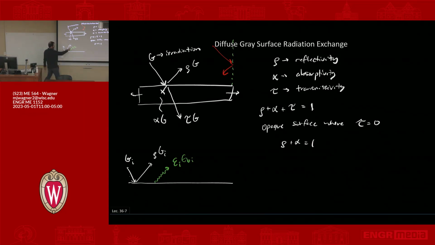So epsilon_i times E_b,i. So we're really concerned with what is this total that's leaving the surface. That's what we need to know. So these two things are called radiosity. And we typically assign to radiosity the nomenclature J, so capital J_i.